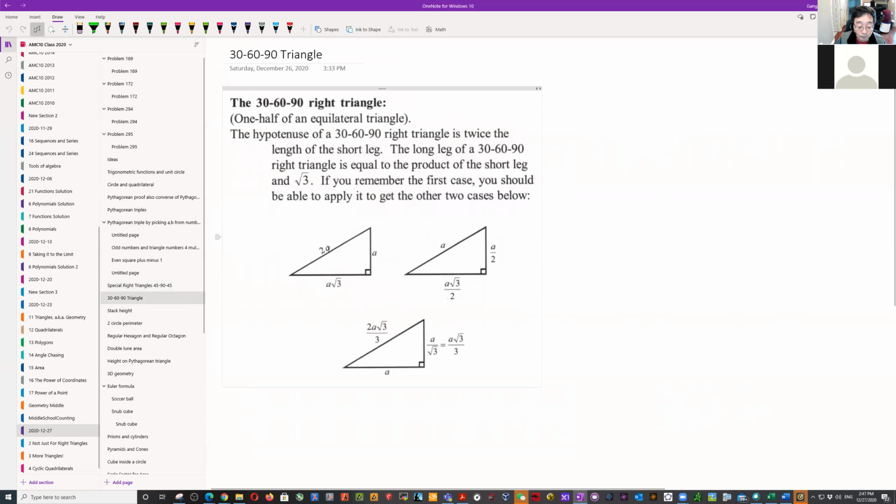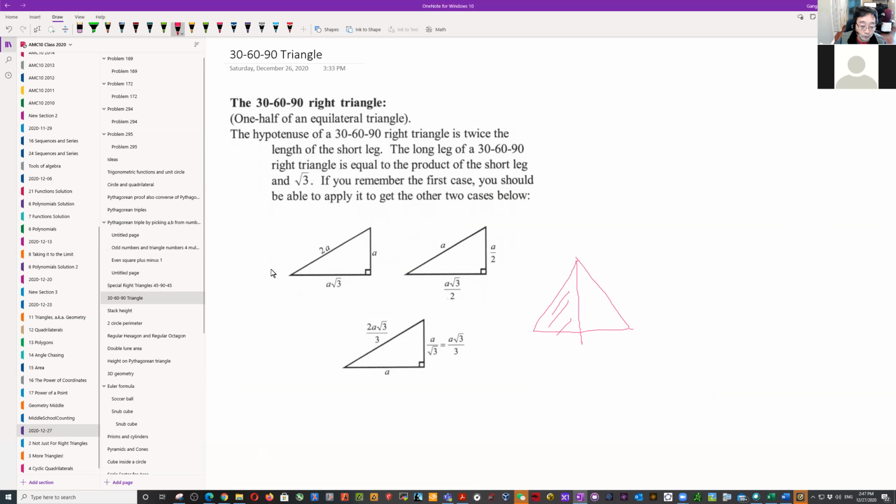This is just half of an equilateral triangle.